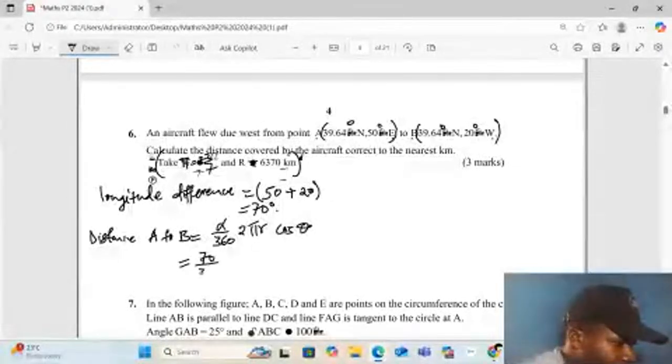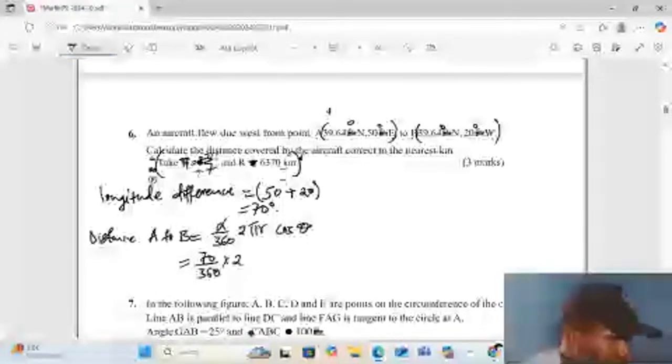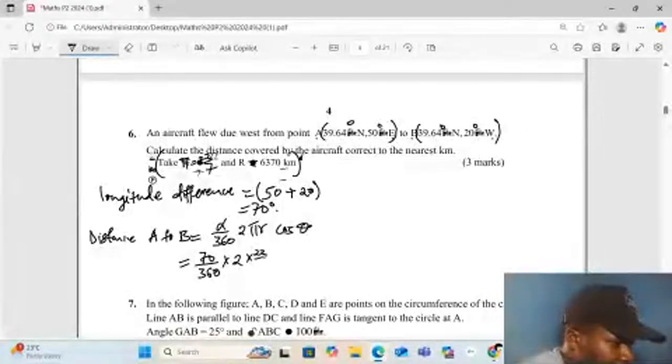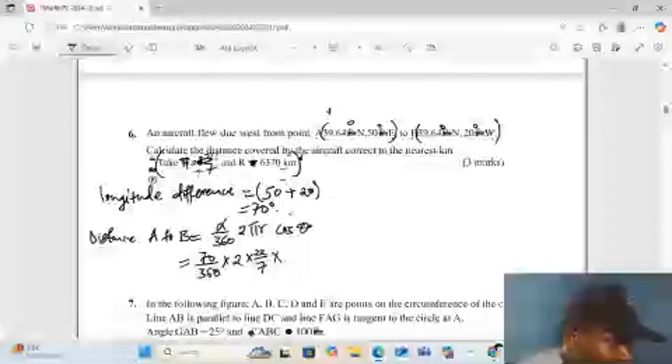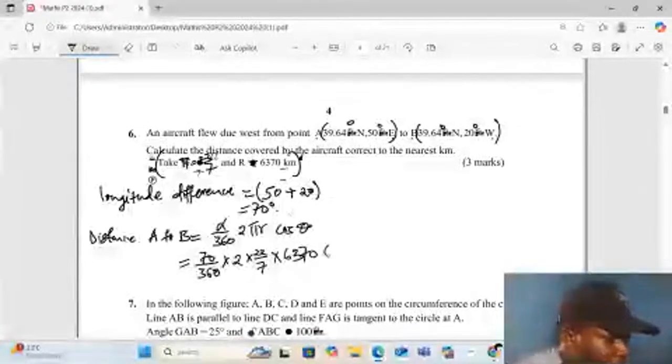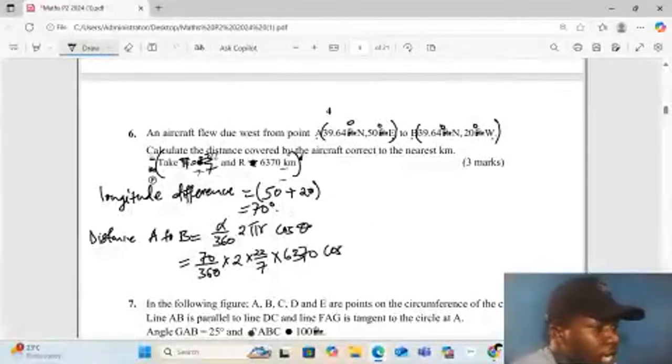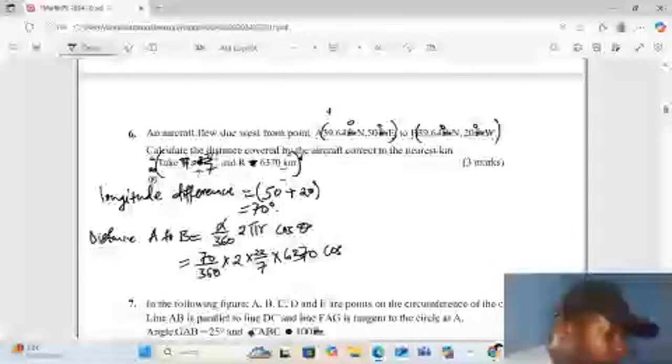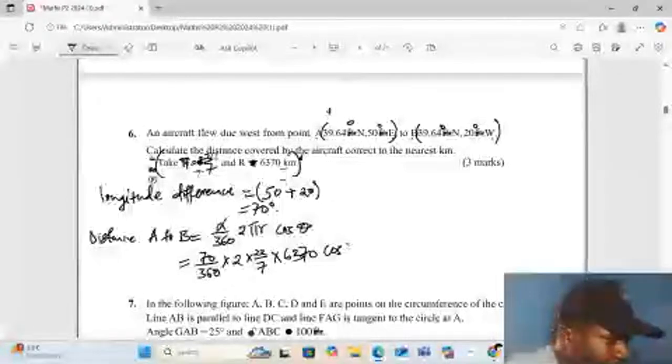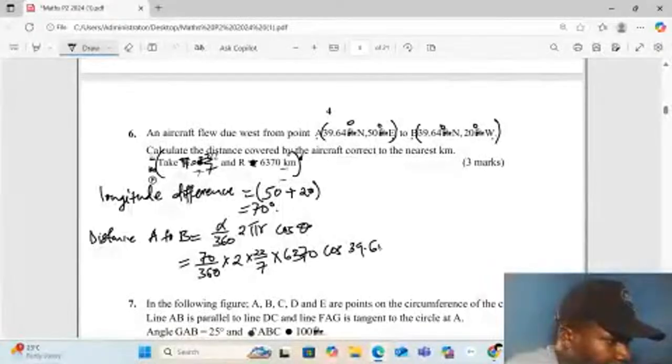So 70 divided by 360 times 2 times pi, which is 22/7, times r, the radius of the earth, which is 6370, then cos theta, where theta is the latitude, which is 39.64.